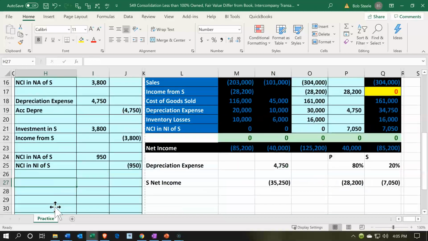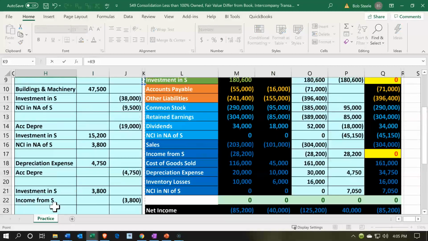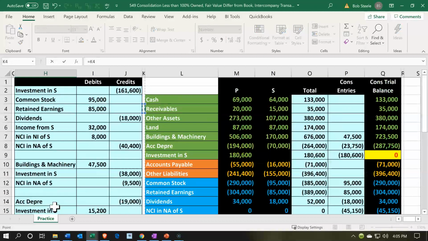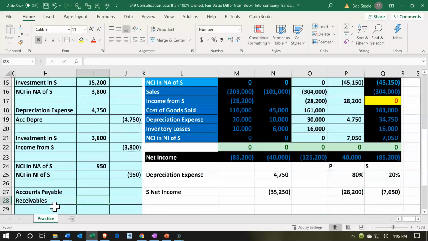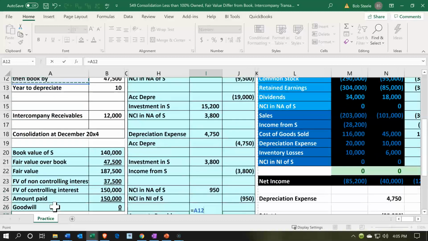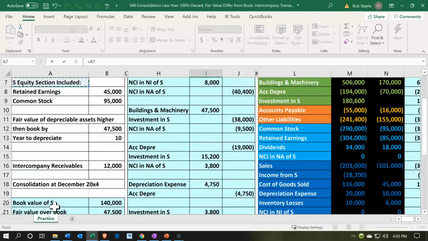So that's just going to be a debit to the accounts payable. And then I'm going to have a credit to the receivables for whatever that intercompany amount was, which must have been given to us in the data. In practice, we would see it on the subledgers for the accounts receivable and payable by customer and vendor, respectively.